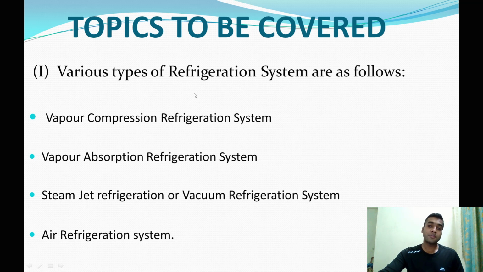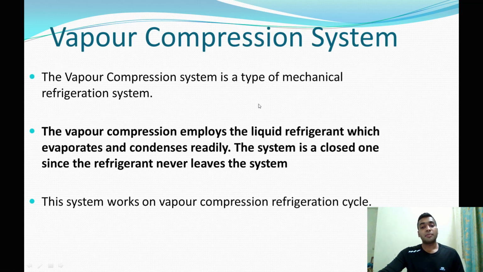So let us understand the first type of refrigeration system, that is vapor compression refrigeration system. It is a mechanical type of refrigeration system which employs four essential components: evaporator, compressor, condenser and expansion valve. In this type of system, we use a liquid refrigerant which can absorb an enormous amount of heat so that it can evaporate and condense readily.